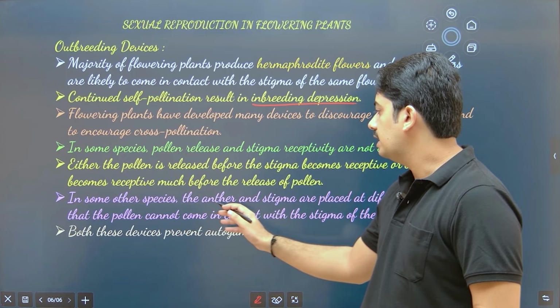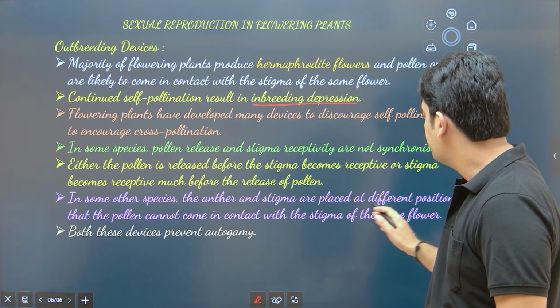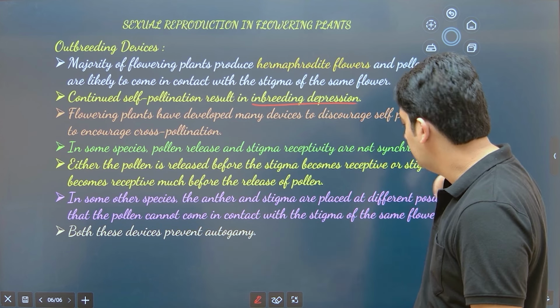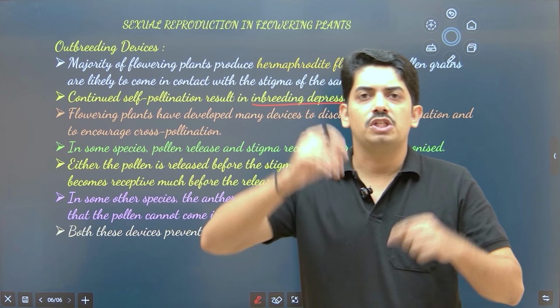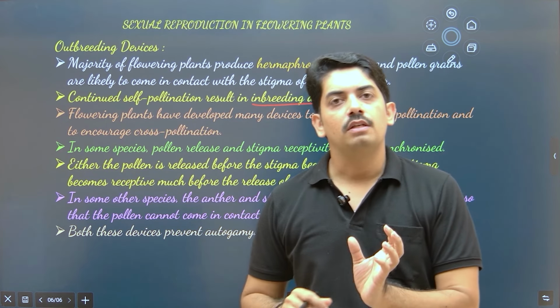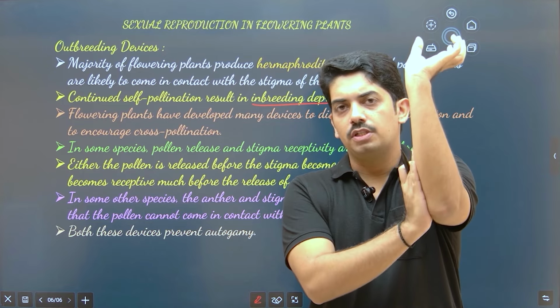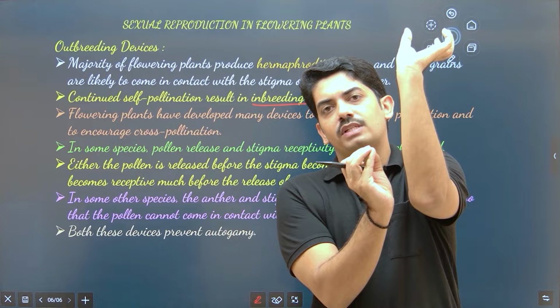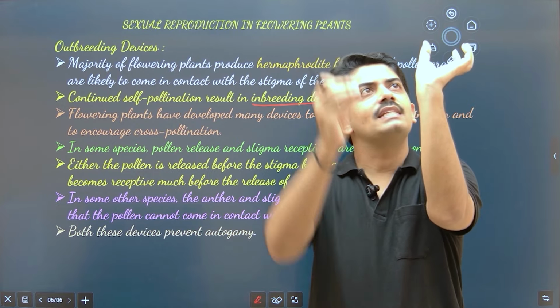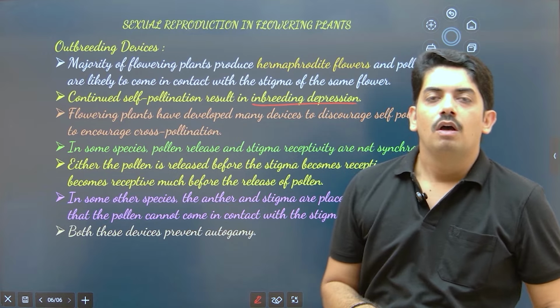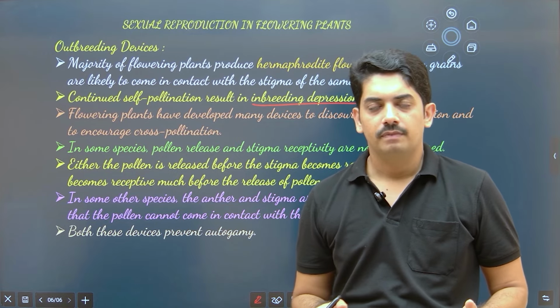Some other species, the anther and stigma are placed different positions so that pollen cannot come in contact with the stigma. So this is the positional change. Imagine stigma reaches a very height and pollen grains are produced at the base. Now these pollen grains cannot be deposited on the stigmatic surface or vice versa.